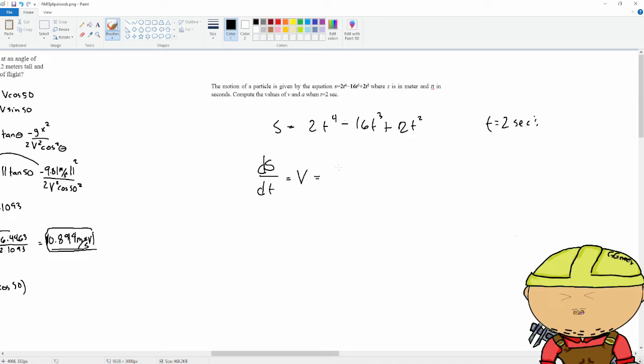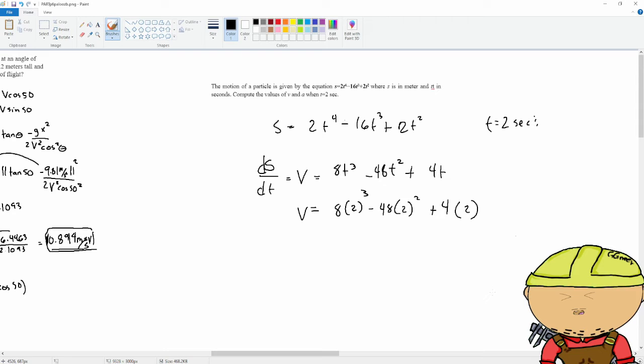So this will become 8t cubed, this will become 48t squared, plus 4t. And velocity will be 8 times 2 cubed minus 48 times 2 squared plus 4 times 2.